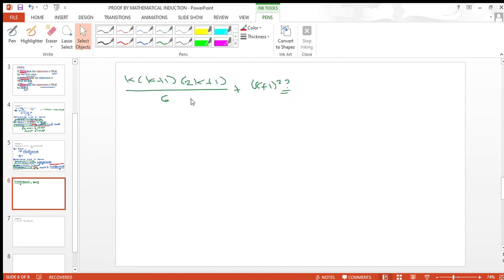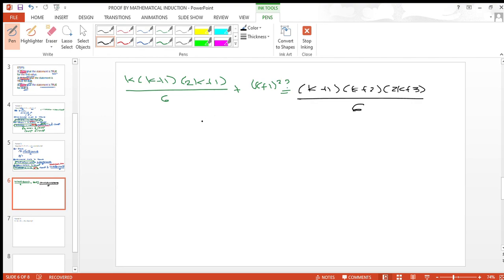Let's go back here. k plus 1, k plus 2, 2k plus 3, everything divided by 6. So we want to show that the left side is equal to the right side.